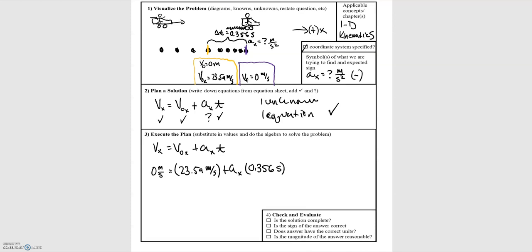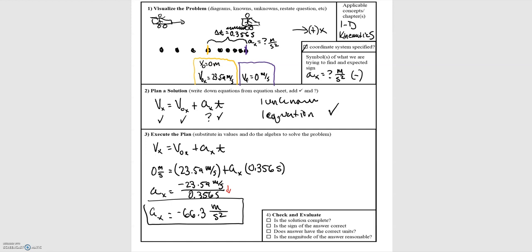So separating out and getting acceleration on its own, we'll subtract 23.59 over. So we now get a negative, and that's divided by time, which is 0.356 seconds. And so now we can combine units. The seconds up top goes to the bottom, and our final result is an acceleration of negative 66.3 meters per second squared.